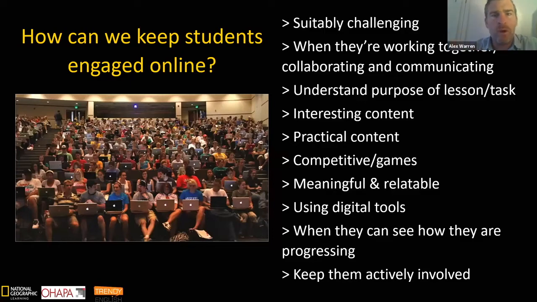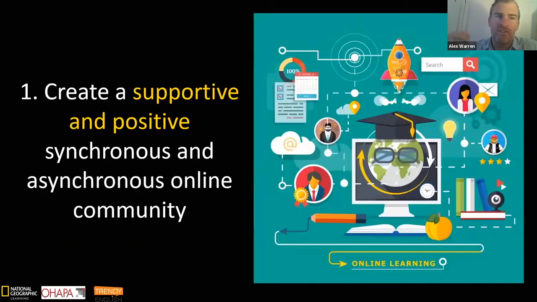But actually, there's one thing that you didn't really mention in the chat box there, which kind of preempts all of that. And it's this. It's being able to create a positive, supportive, synchronous and asynchronous online community. Because without that, engagement will not happen.